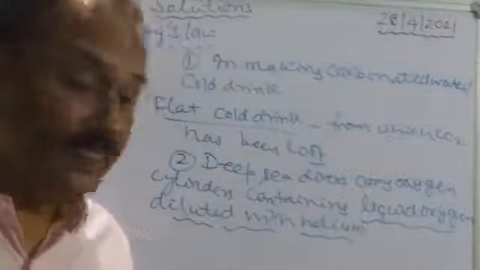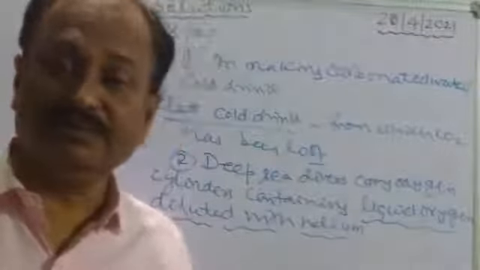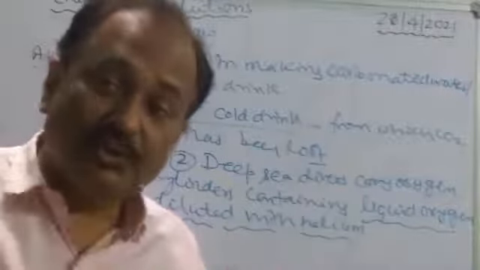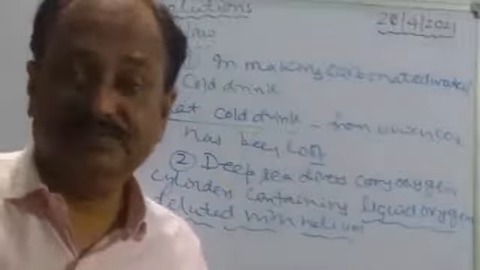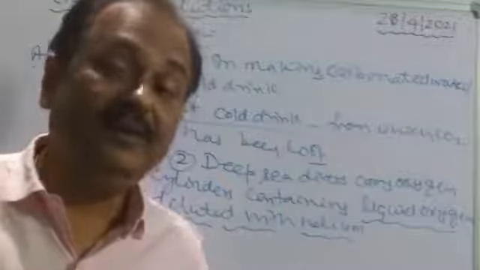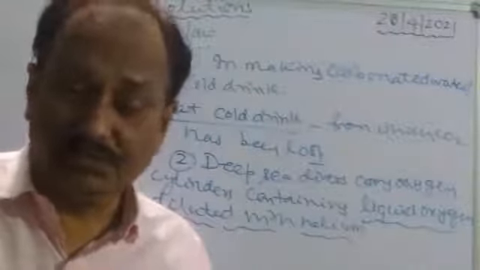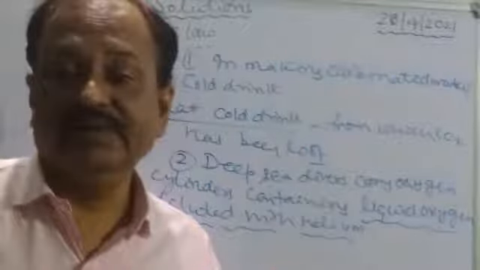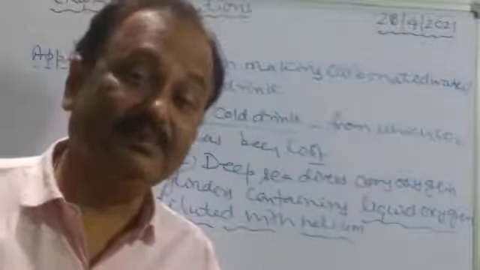So what happens when the divers come out on the surface? Suddenly the oxygen comes out from the lungs. And it leads to very painful body conditions, very severe pain in the body due to very quick coming out of the oxygen, loss of oxygen from the lungs, from the body.